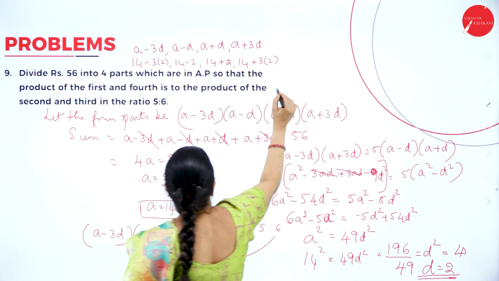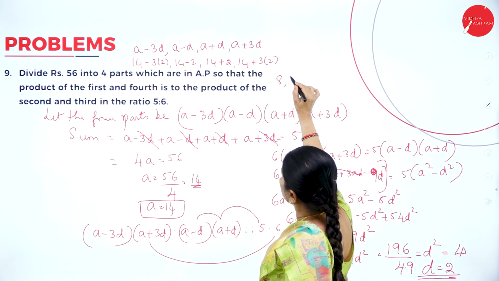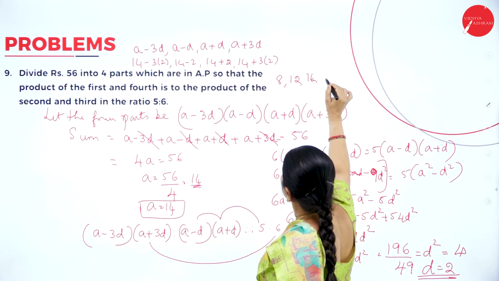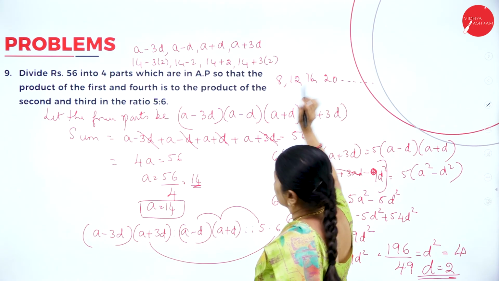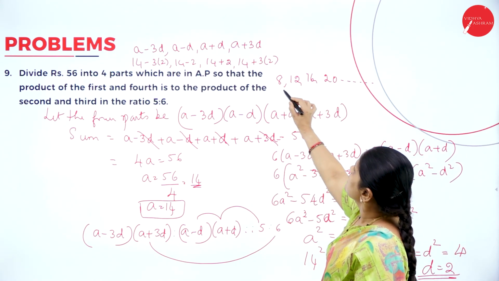So, this will be 14 minus 6 is 8. 14 minus 2 is 12, then 16, then 20. 8, 12, 16, 20. So, this is the answer.